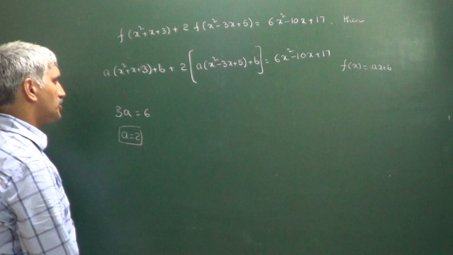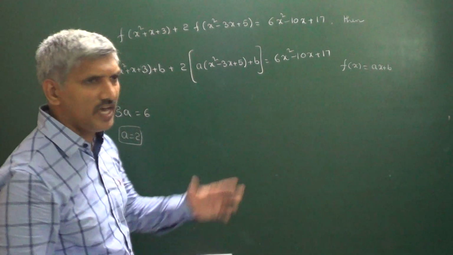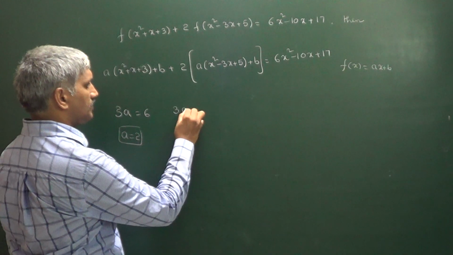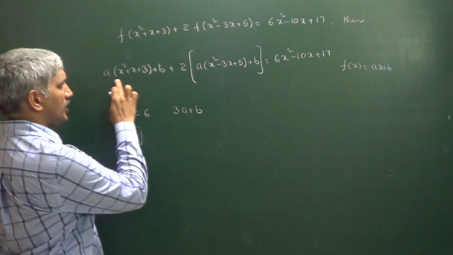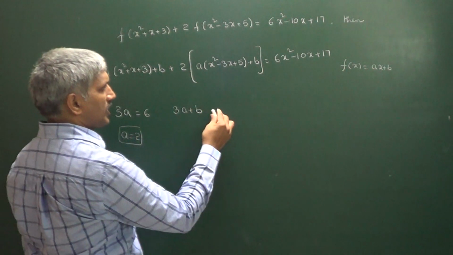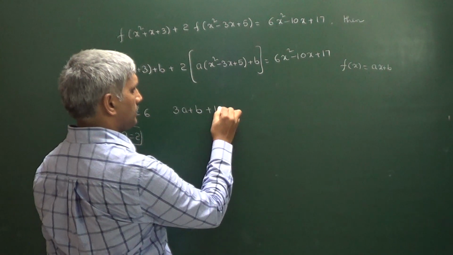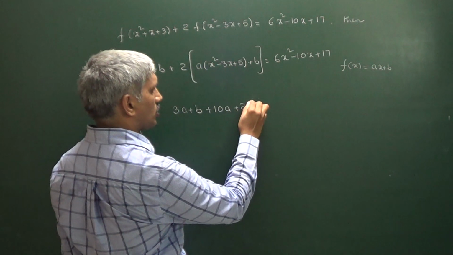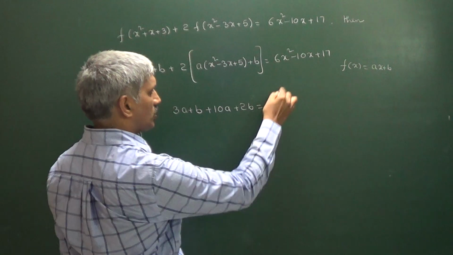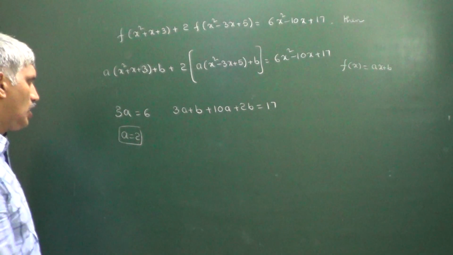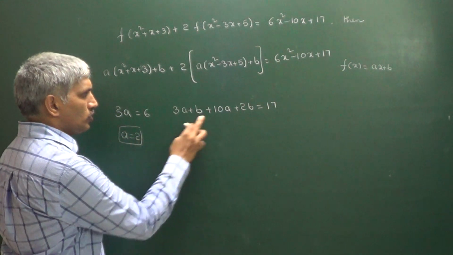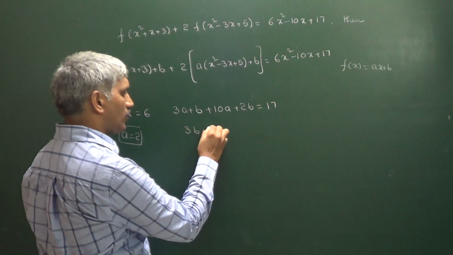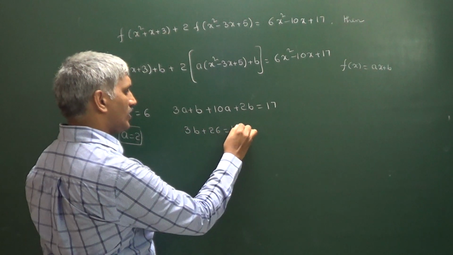Next, what is the constant on the left hand side? Because we require the a and b values. The constant is 3a plus b here, and there the constant is 10a plus 2b, but on the right hand side the constant is 17. Now we already got a equal to 2, so 13 2s are 26. So 3b plus 26 is equal to 17.